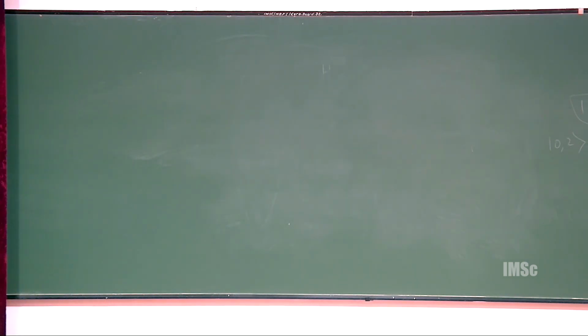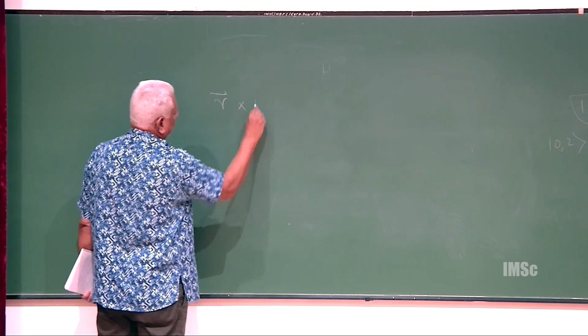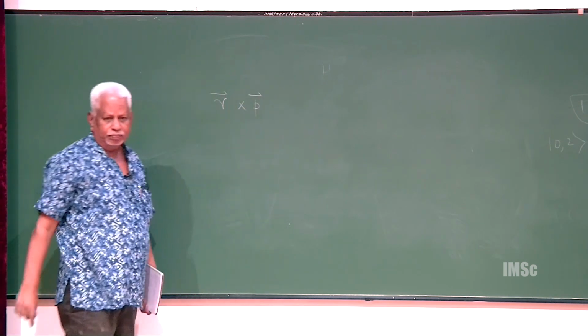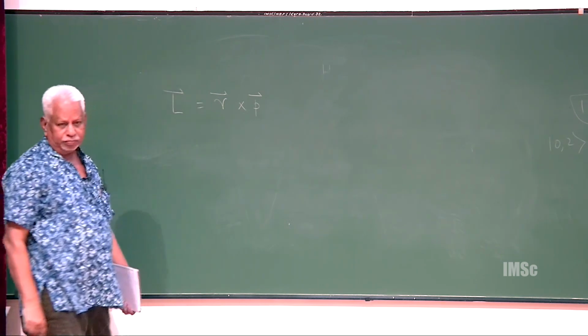Angular momentum, as you have heard in classical mechanics, is given by R cross P. You are aware of it, right? This is your angular momentum L as a vector.